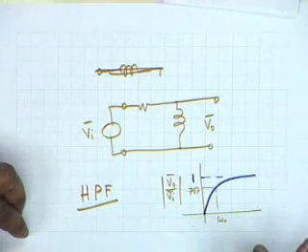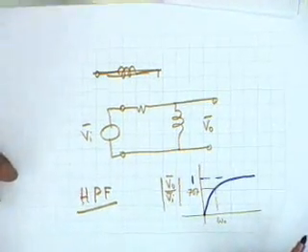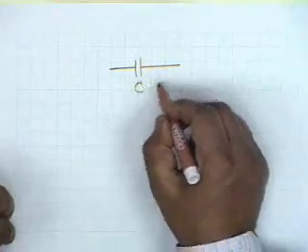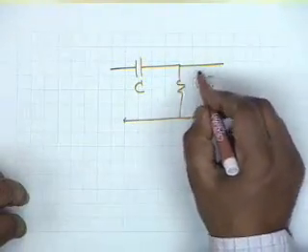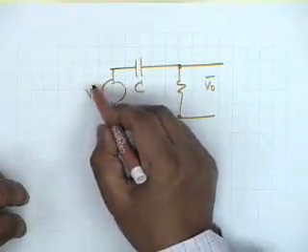It does not take very long to show that the circuit containing a capacitor and a resistance. What kind of a circuit is this?